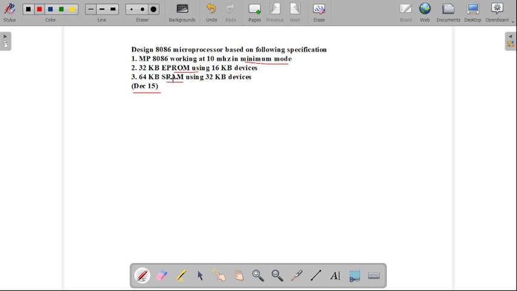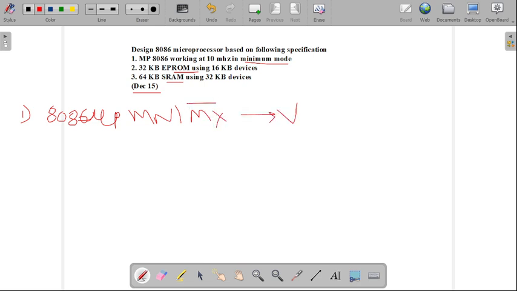The size of ROM is 32 KB of EPROM using 16 KB devices, and the third one is 64 KB of SRAM using 32 KB devices. Now, what is the first statement given in that example? Your microprocessor 8086 is working in minimum mode, and whenever it is working in minimum mode, the processor pin we use, MN/MX bar, is connected to VCC.